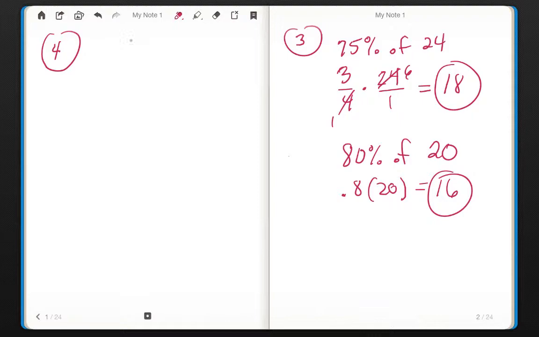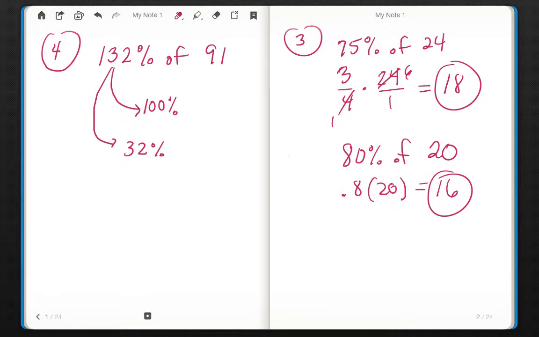How about 132% of 91? Now, when you have things above 100, I'd probably prefer you to separate it out and think of this as it's really 100% plus what percent? 32%.